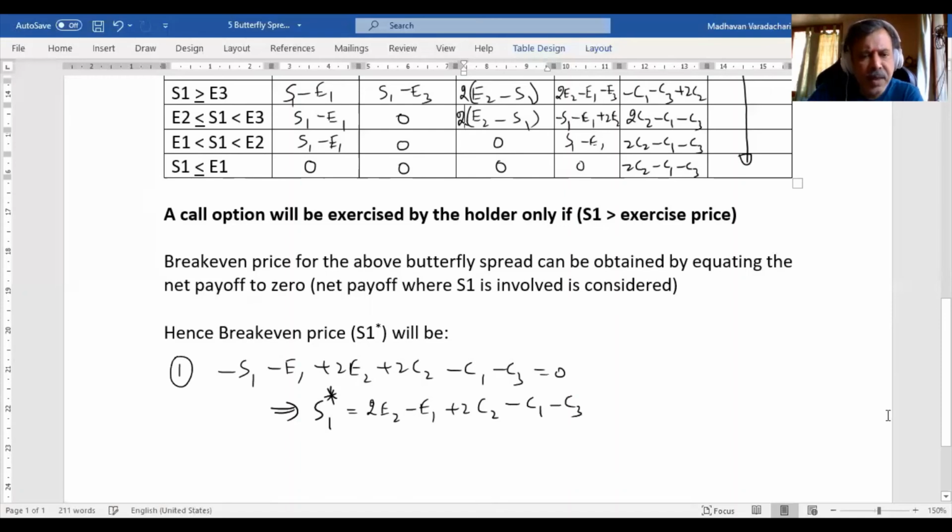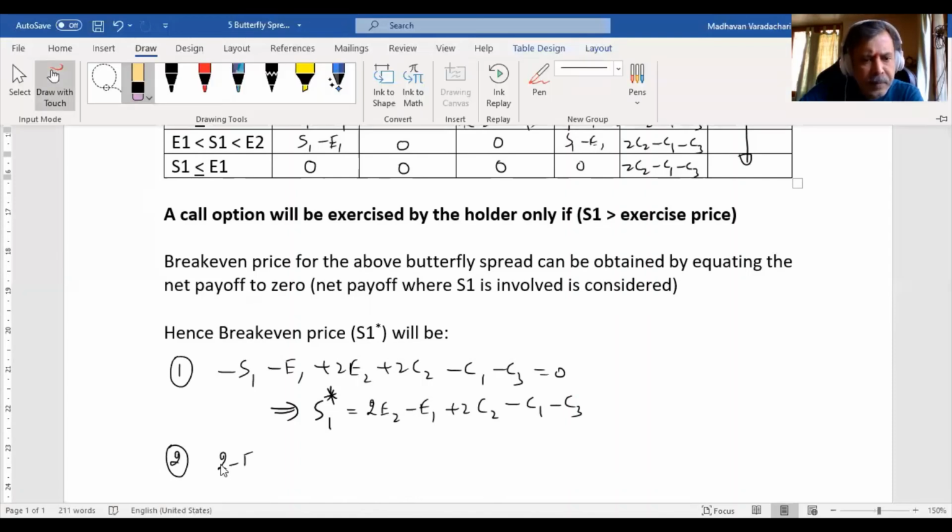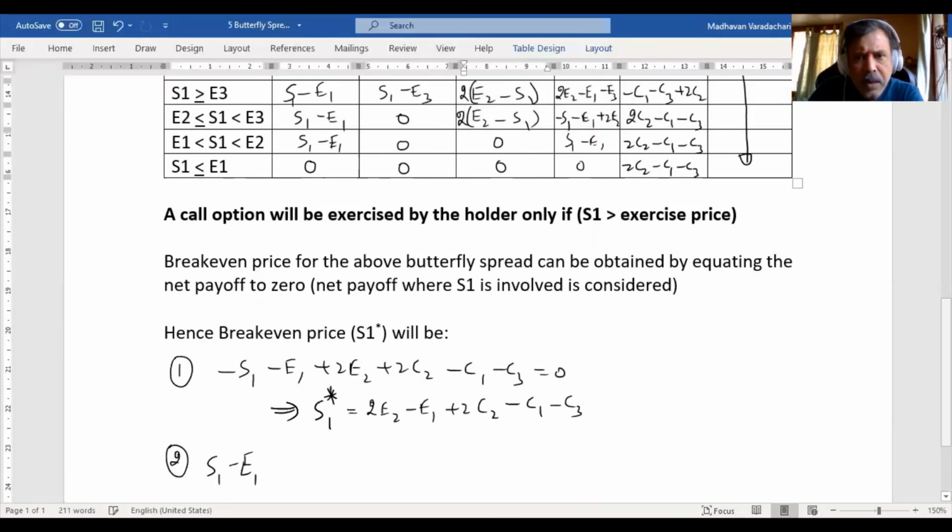This is one break-even price. And the second one, I'll have to equate the sum of these two to 0. It is S1 minus E1 plus 2 times C2 minus C1 minus C3 equated to 0, which means our S1 star, the break-even price, should be, let us take everything to the other side, E1 minus 2C2 plus C1 plus C3.